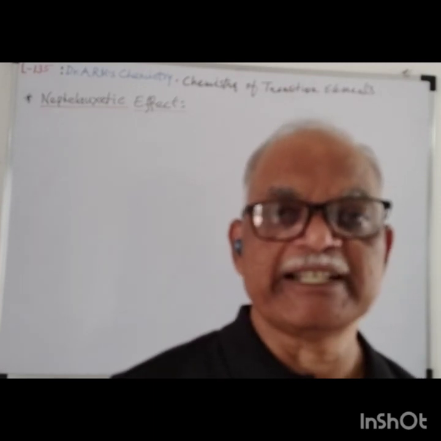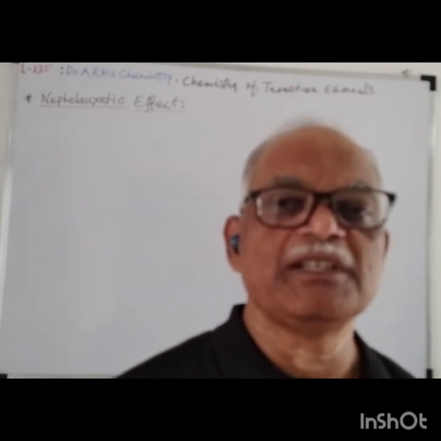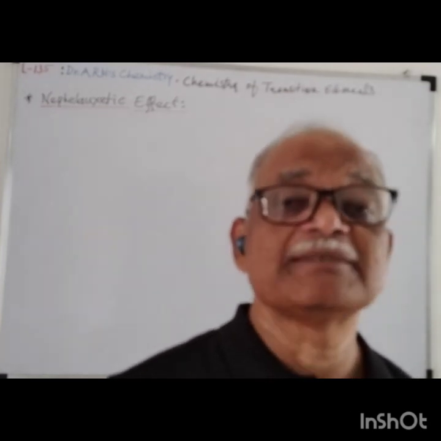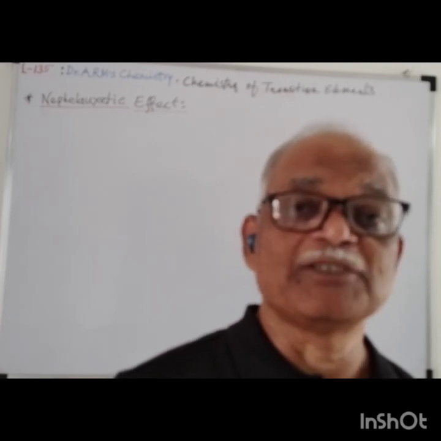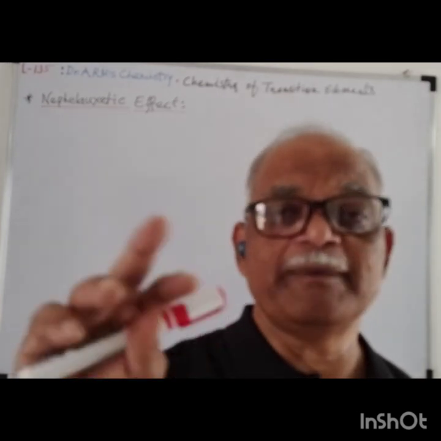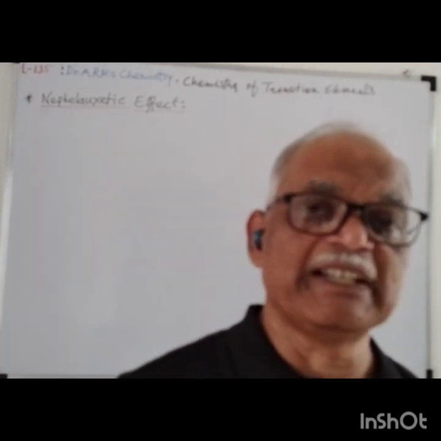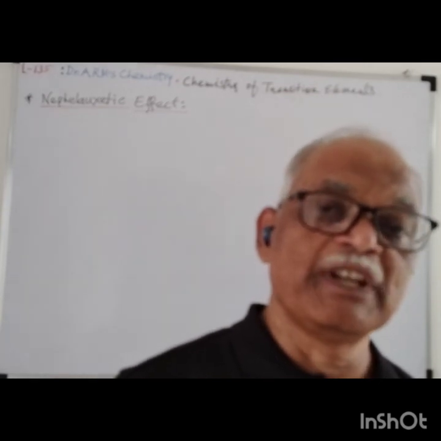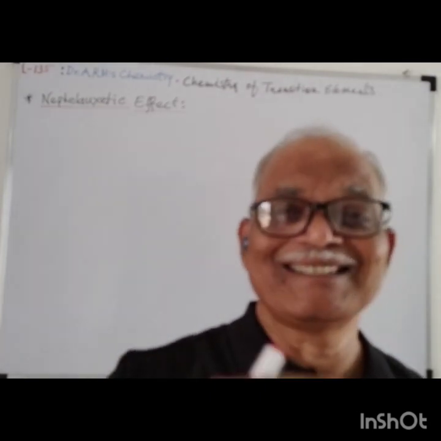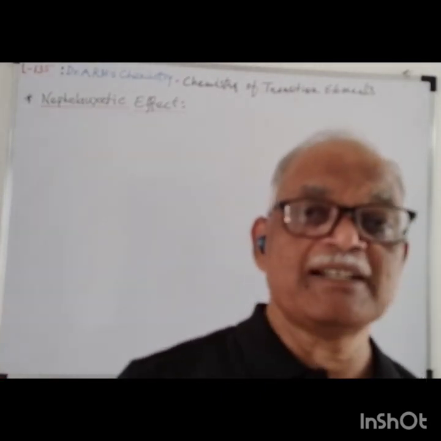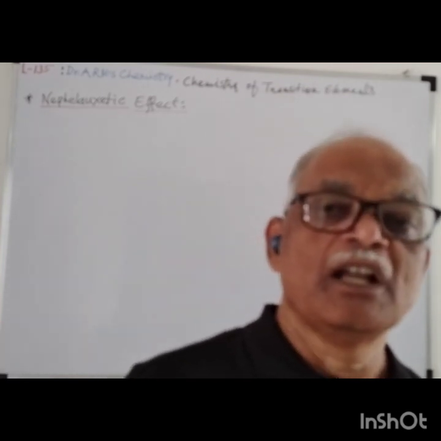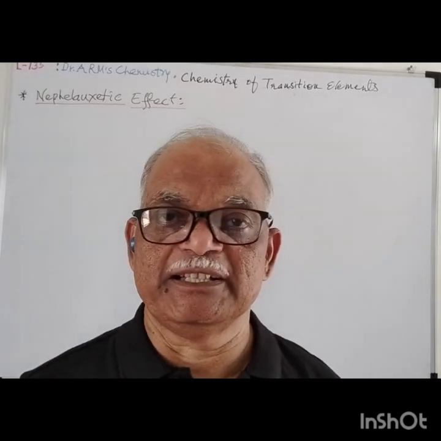This means the effectiveness of pairing becomes greater in a complexed metal than is possible in the isolated gaseous metal ion. This is because the metal ion has limited space around it, and after the formation of the complex, the space around the metal ion is increased because the ligand atomic orbitals are also pointing in the direction of the metal ion.